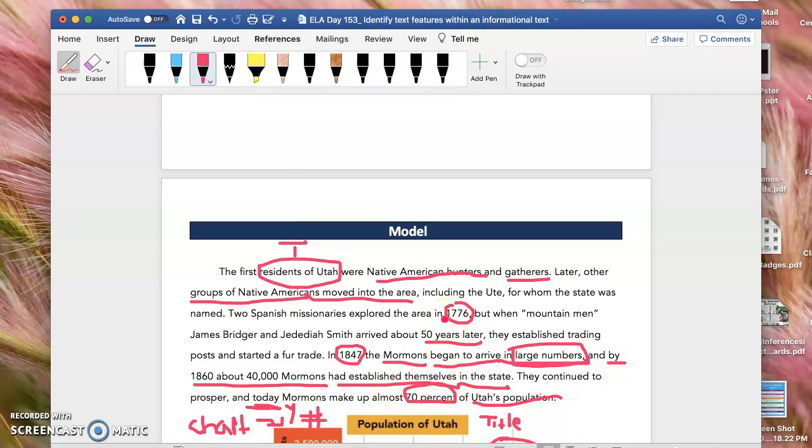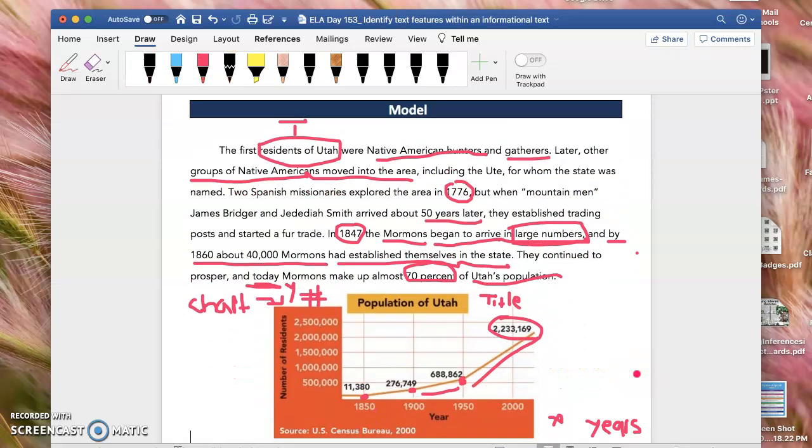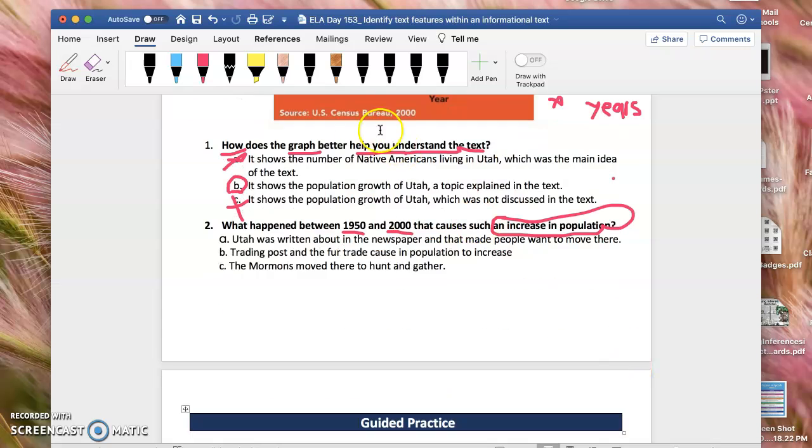So the time where the population changed is when the Mormons began to move there, right? That was when the population began to increase. So remember we said we were going to eliminate A because they did not put Utah in the newspaper. And then B, the trading post is not what caused the increase. The Mormons coming is what caused that large increase, okay?